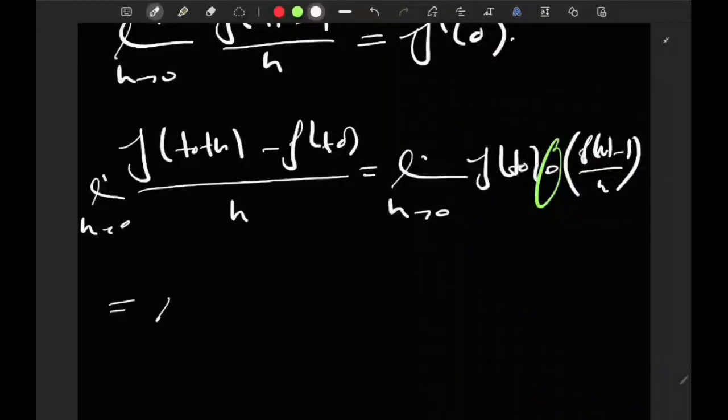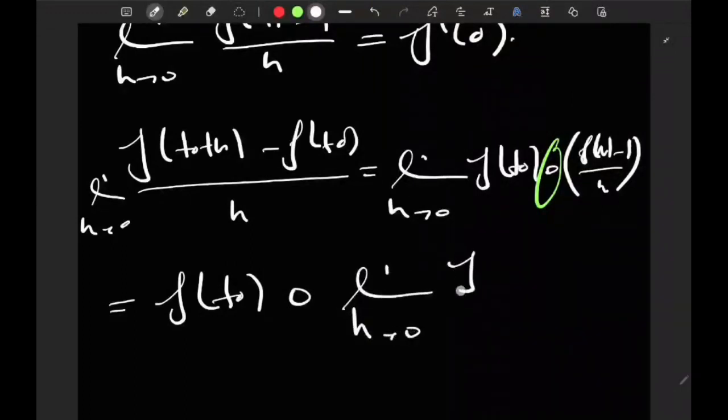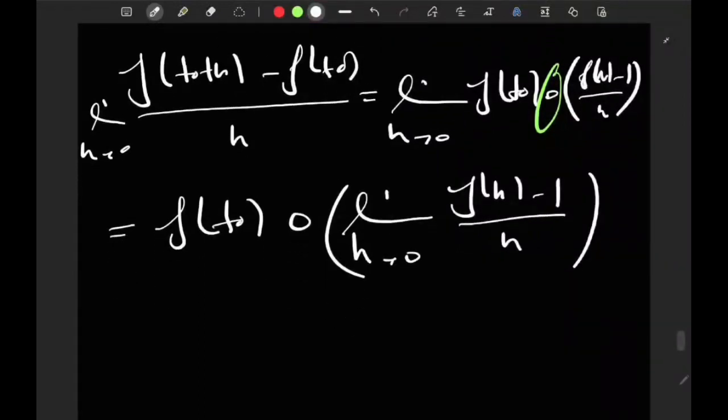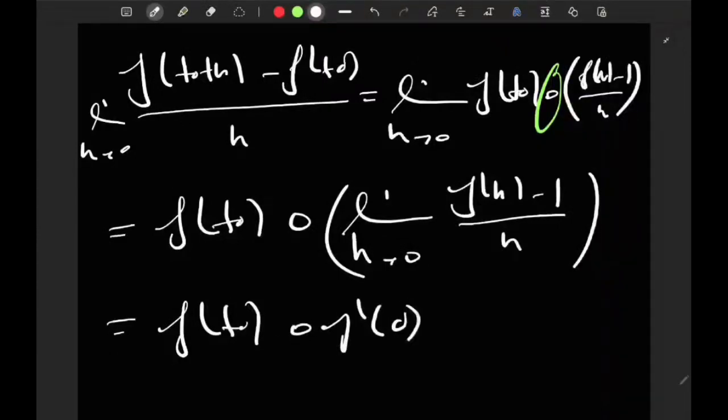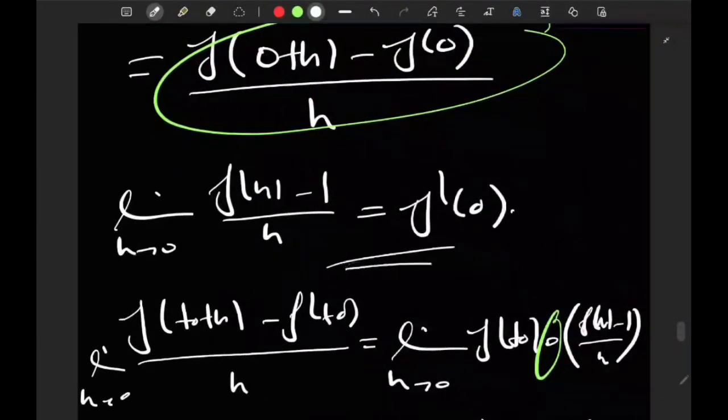So I get f of t0 composed with the limit as h goes to 0 of f of h minus 1 over h. So this is f of t0 composed with f prime of 0, just as we remarked here.